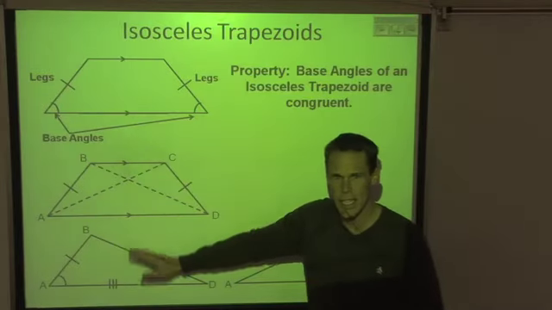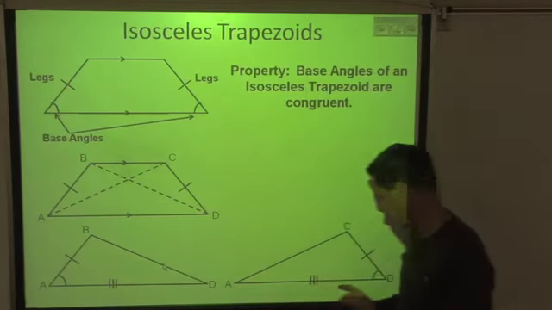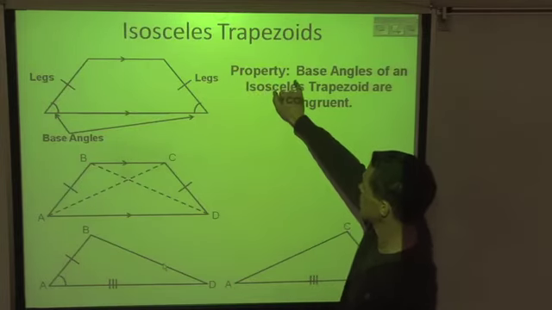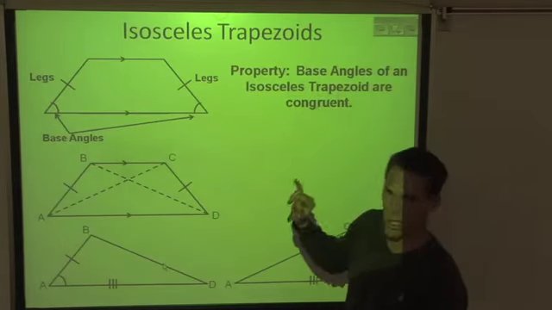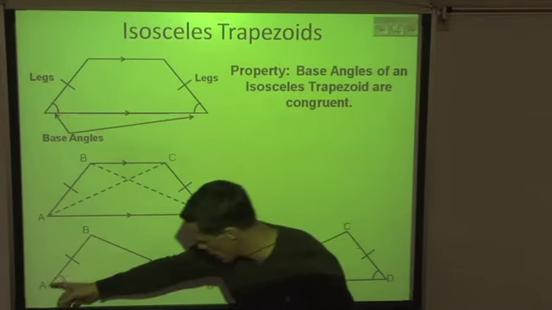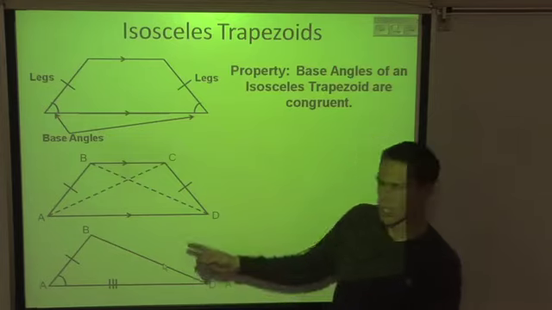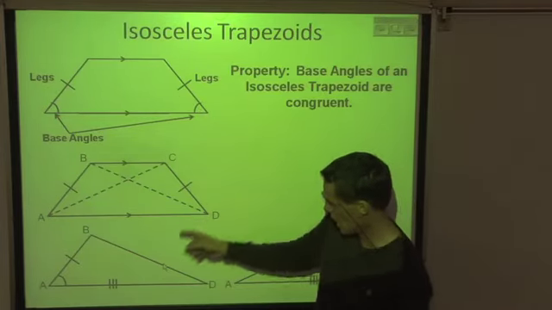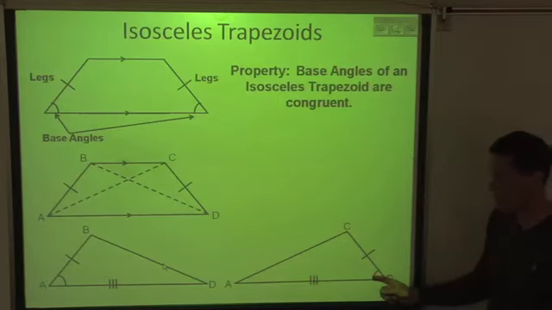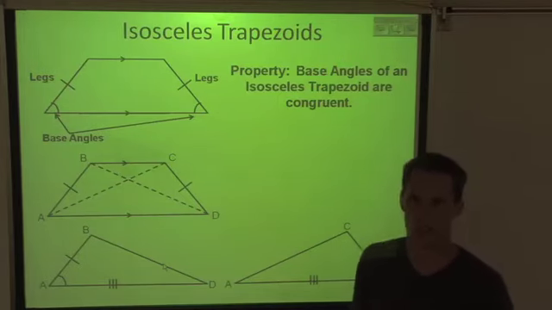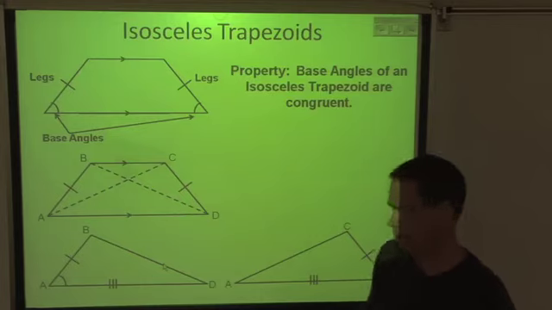And I know that AD is congruent to itself, the reflexive property. From this statement, the base angles are congruent. BAD is congruent to CDA, that angle right there, CDA, over here. Through this chapter, we've been using congruent triangles to show these properties of quadrilaterals.